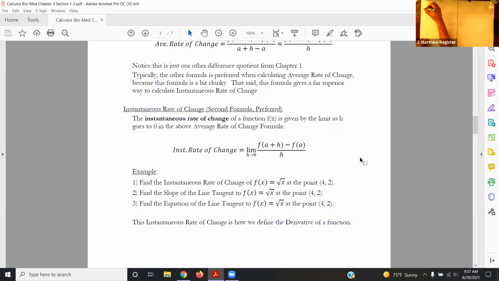And so we will let f of x be equal to the square root of x. We're at the point 4, 2. And in case you need the reminder, I'll write down the difference quotient formula here. It's the limit as h goes to 0 of f of a plus h minus f of a over h.